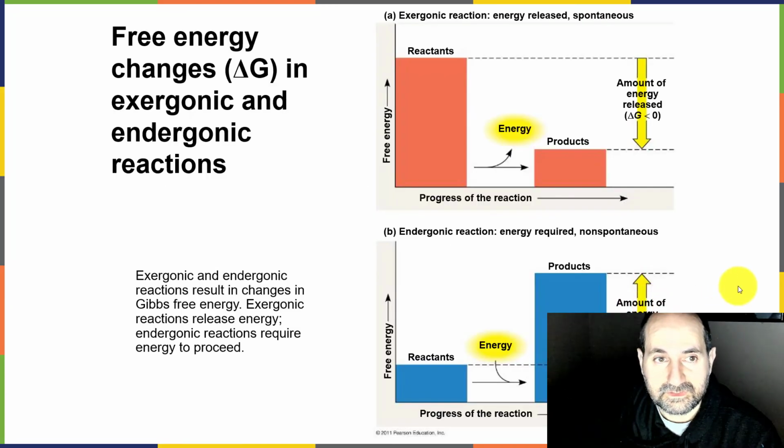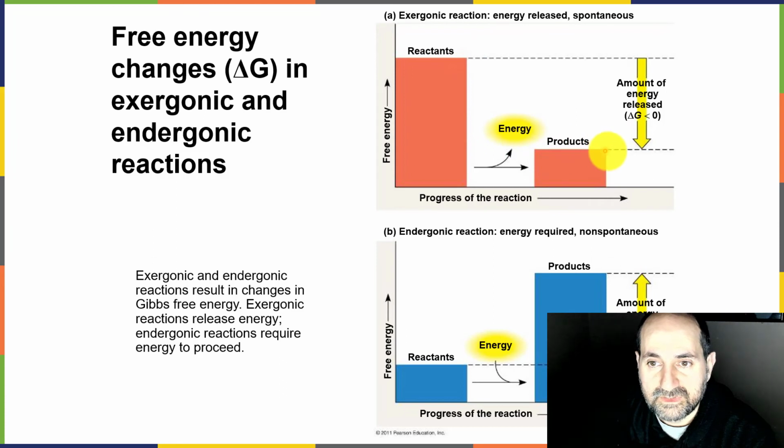You can see here, again, in an exergonic reaction, the reactants, what you start out with, has a higher G value, and the products have a lower G value. This is a negative change in G, or negative delta G. This is an exergonic reaction. It releases energy. Conversely, an endergonic reaction absorbs energy. It requires energy, and it has a positive change in G.